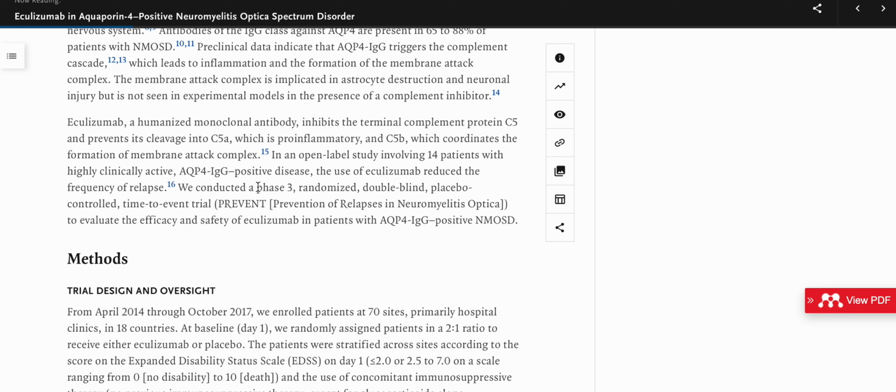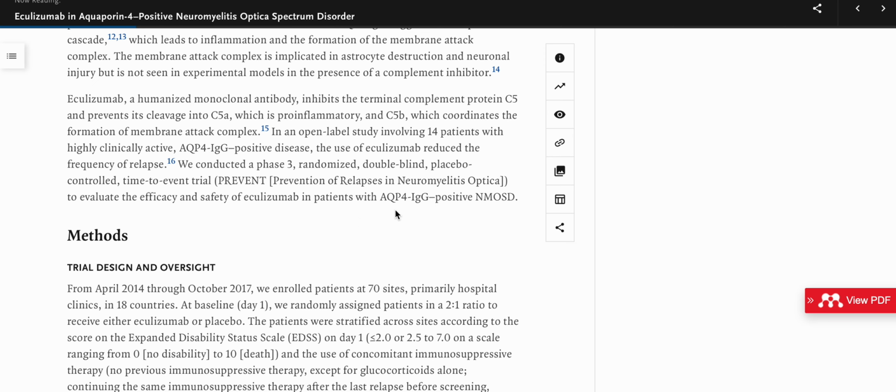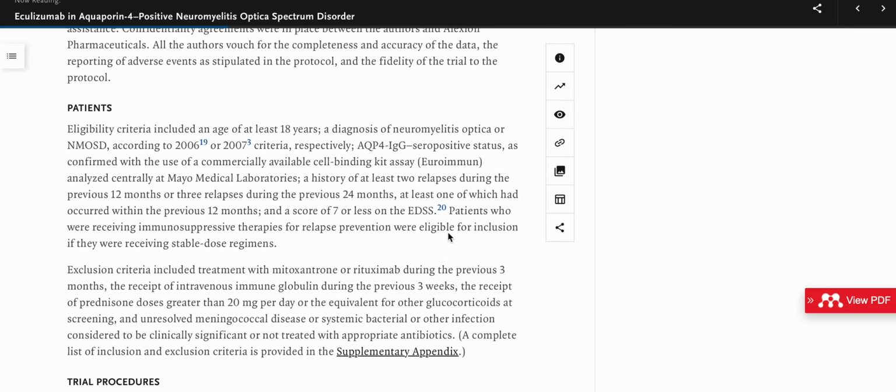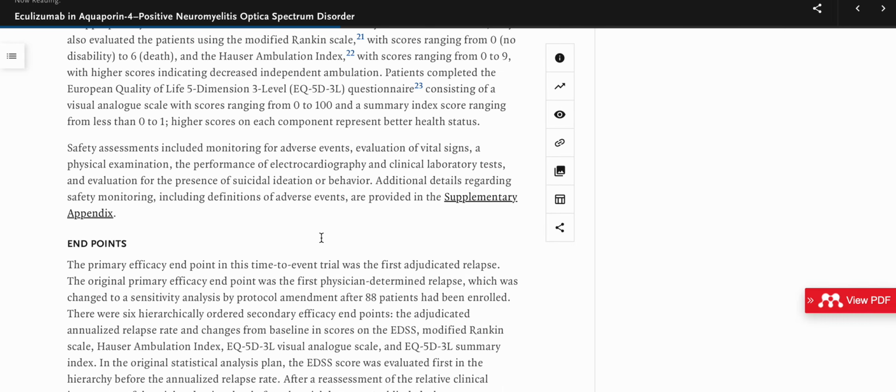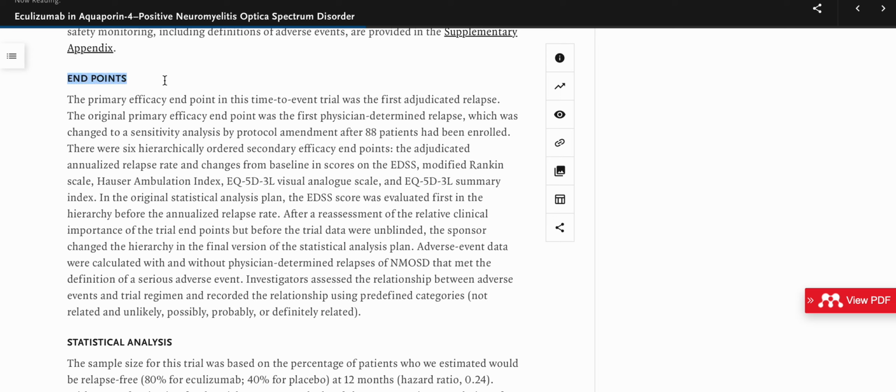We conducted a phase 3 randomized double-blind placebo-controlled time to event trial to evaluate efficacy and safety of eculizumab in patients with, okay, they haven't given the symptom which they are treating over here. So basically what we would do is look at endpoints, right? There would be outcome variables or endpoints given. The primary efficacy endpoint of the time to event trial was the first adjudicated relapse, right?